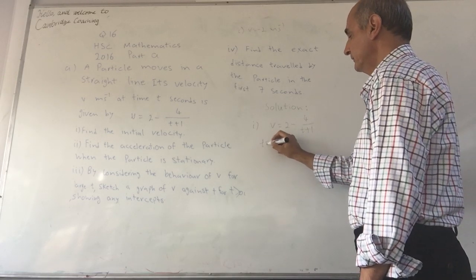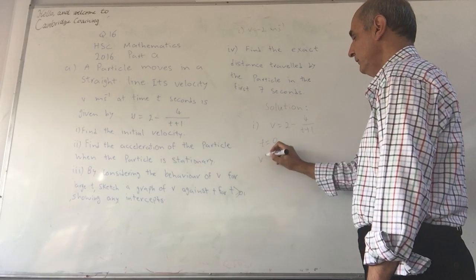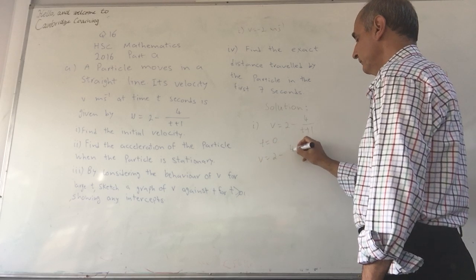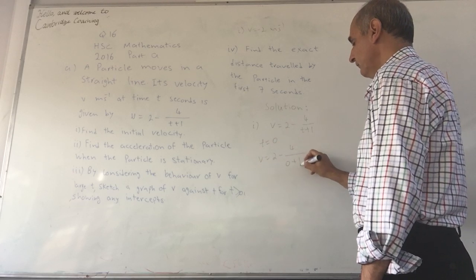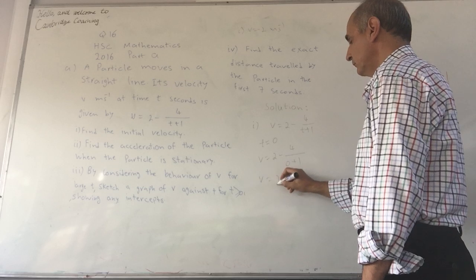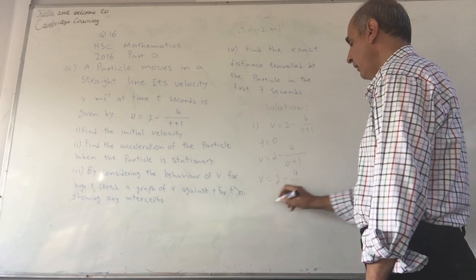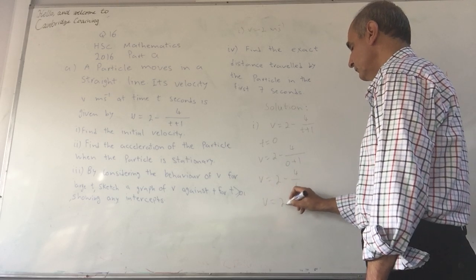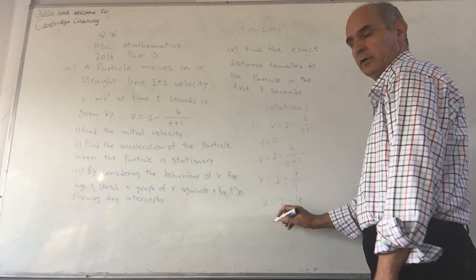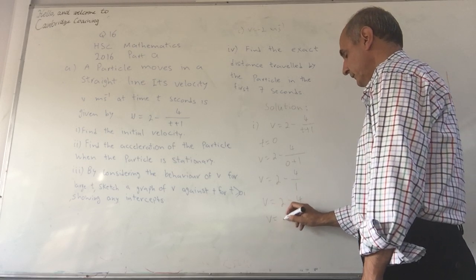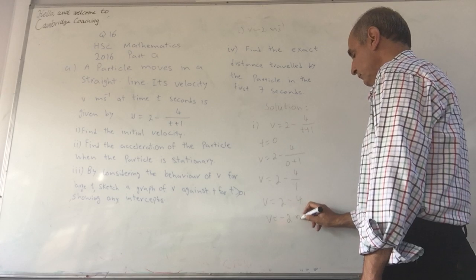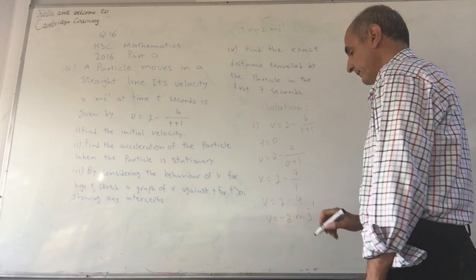As t is equal to 0, v becomes 2 minus 4 on 0 plus 1. V is equal to 2 minus 4 on 1, and v is equal to 2 minus 4, resulting in v is equal to minus 2 meters per second.